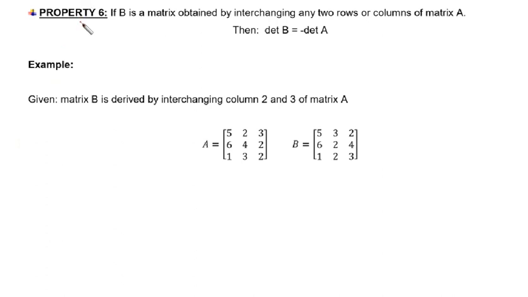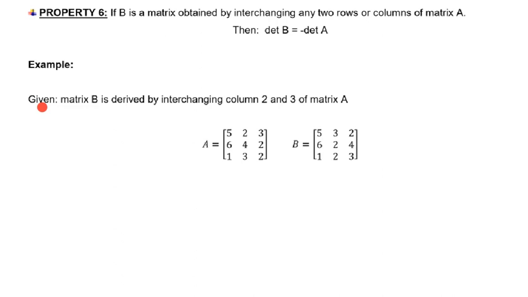So number 6, if B is a matrix obtained by interchanging any two rows or columns of matrix A, then the determinant of B is equal to the negative determinant of A. So we have here an example.